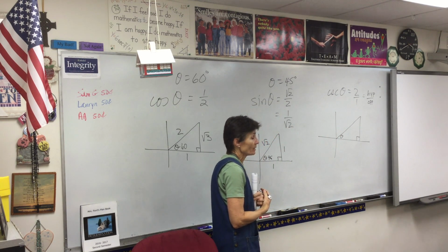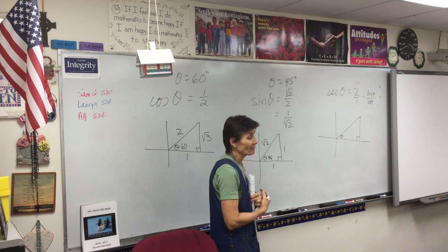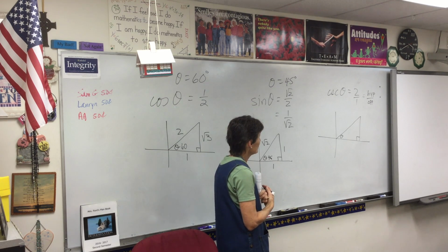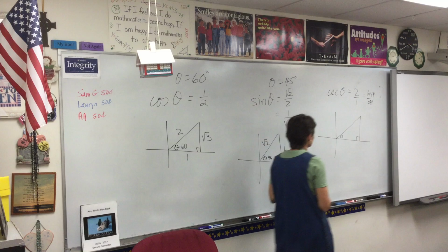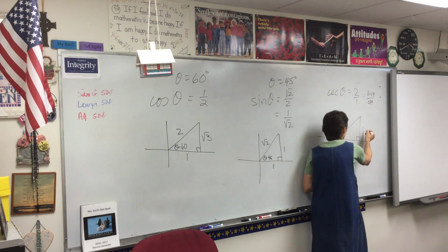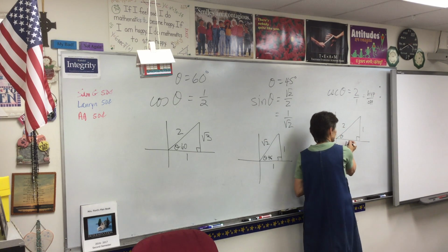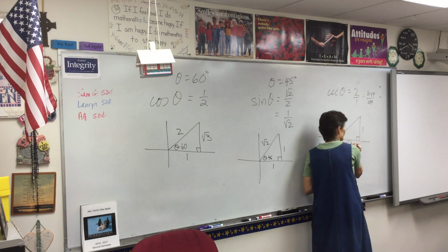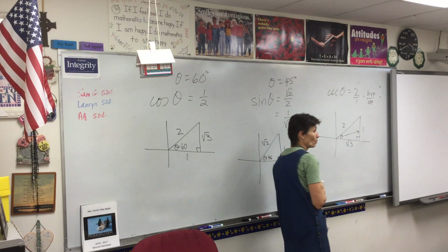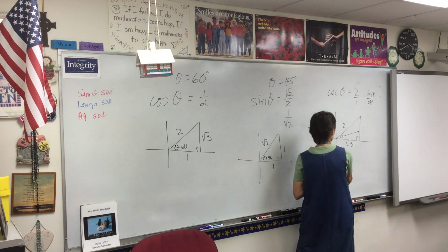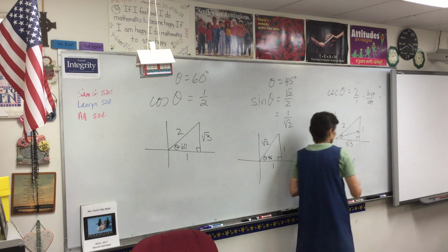You thought it was nuts when I told you to memorize this stuff, but you have to memorize it. So it's hypotenuse over opposite, so 2 over 1, which makes this side root 3. And I want the side that's across from the 1, so theta is 30 degrees.